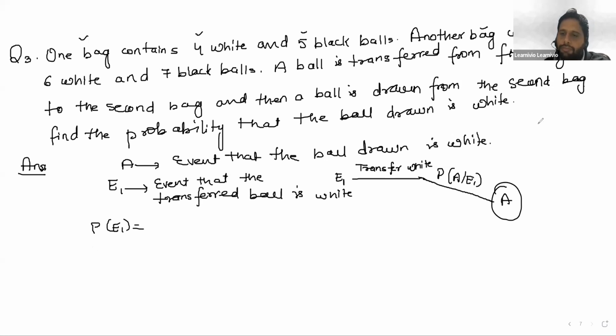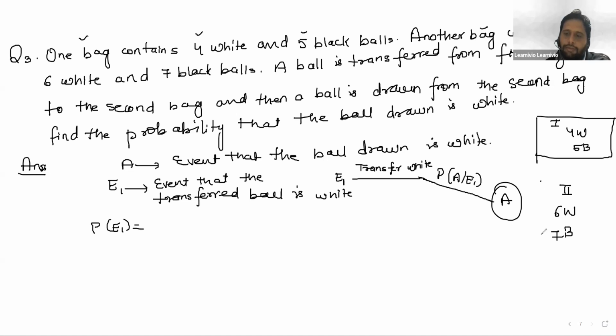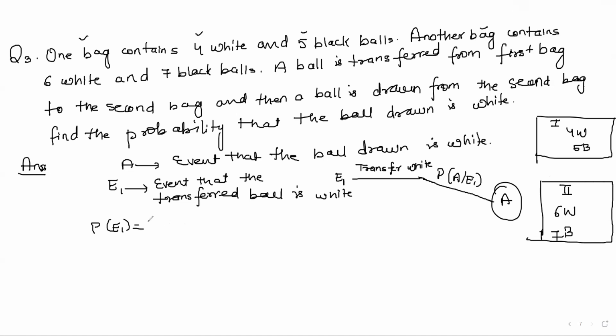Right here, this is your bag one, which has 4 white and 5 black. This is your second, which has 6 white and 7 black. Yes, Atif, what is P(E1)? 4 by 9.